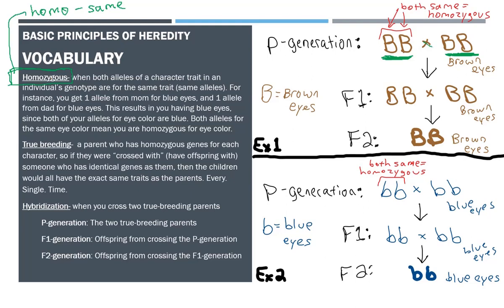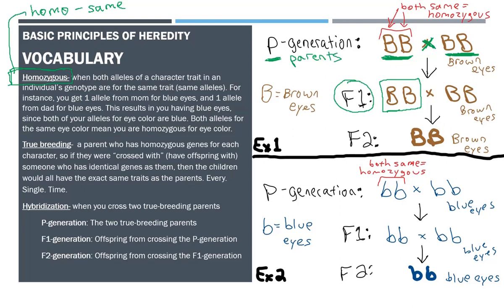And they cross together, and crossing is just a fancy name for they mate and have a child. And so this is the P generation. P stands for parents. I'll write that here. And then they have a child, and that's the F1 generation. So the children are going to have both of their alleles that they inherited be for brown eyes.